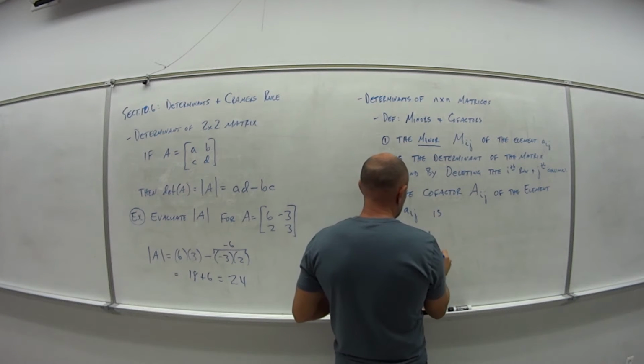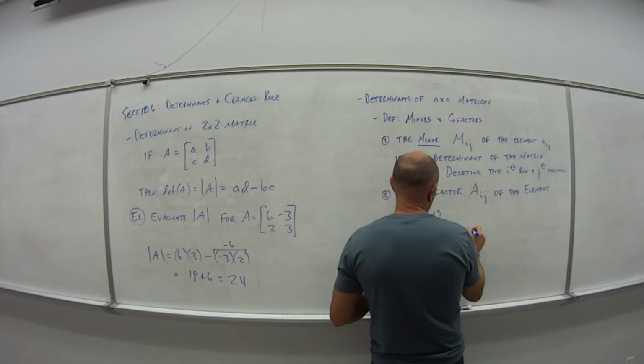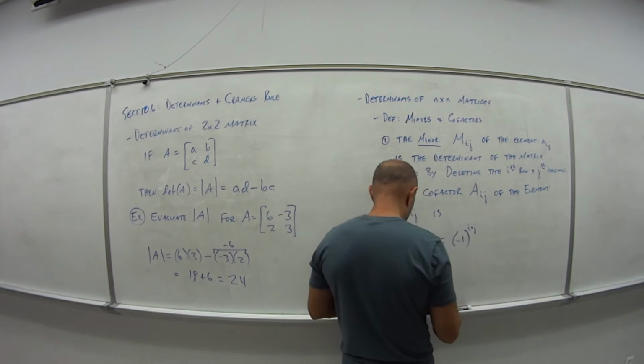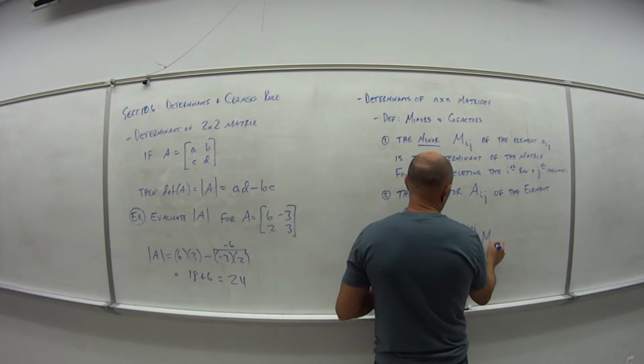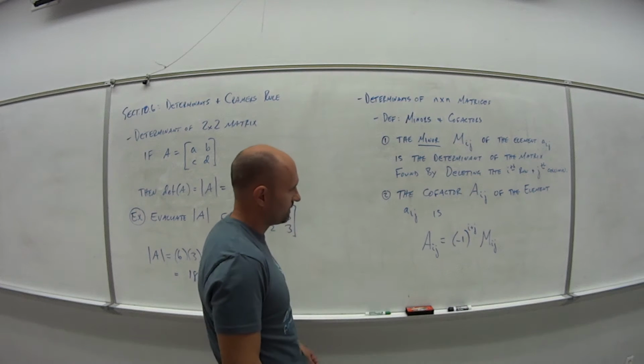So Aij is equal to -1 to the I plus j power times the minor matrix Mij.